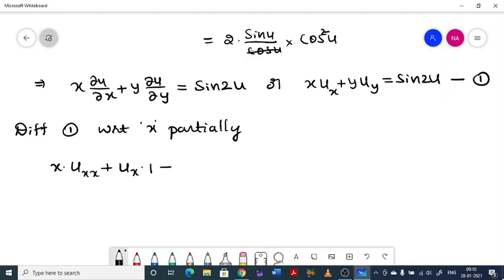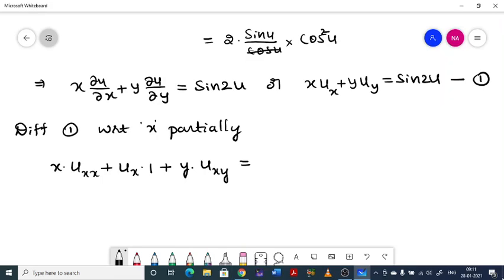Plus, see, u is a function of both x and y. So here y will be treated as a constant, y into derivative of uy, that will be uxy. Even if you write uyx, don't worry, uyx will be equal to uxy. Keep that in mind.